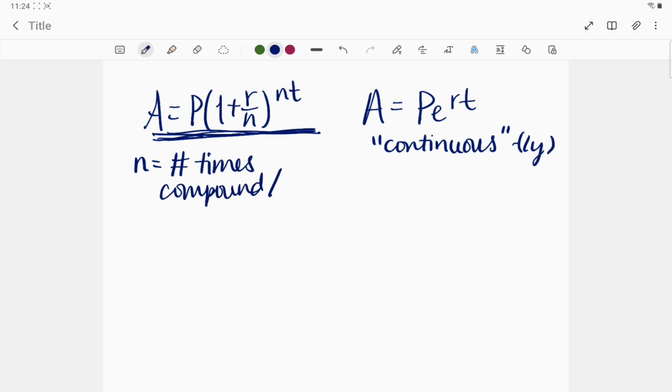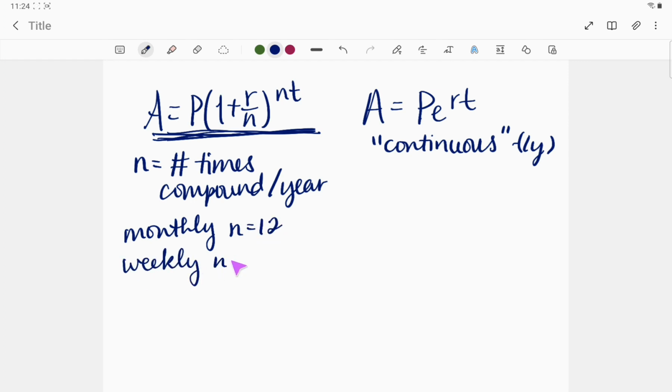So if it says monthly, how many months are in a year? 12. So then N would be 12. If it said weekly, how many weeks are in a year? 52 weeks. If it's daily, how many days are in a year? 365.